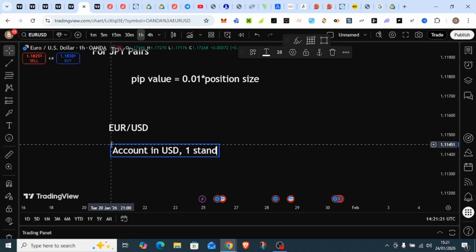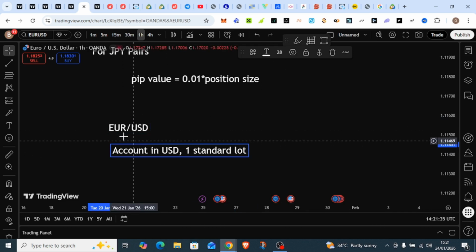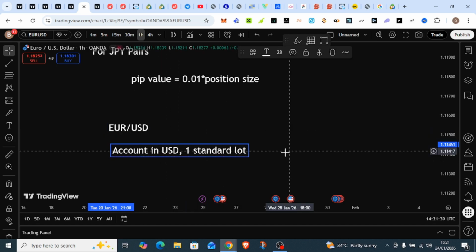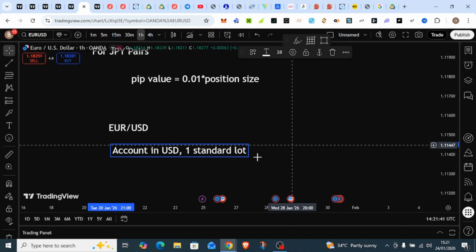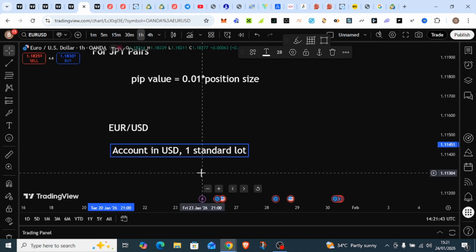What we have now, the pair we are using is Euro USD. Account is in USD. Then we are using one standard lot. And you already know that one standard lot is equal to 100,000 units.